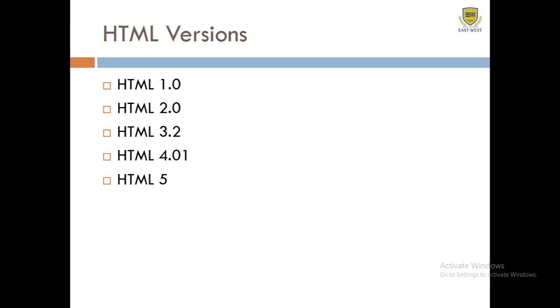Fine. So the next version was HTML 3.2, which was published by W3C in the year 1997. It is an organization, the World Wide Web Consortium, called W3C. This version was capable of creating tables and providing support for extra options like form elements.